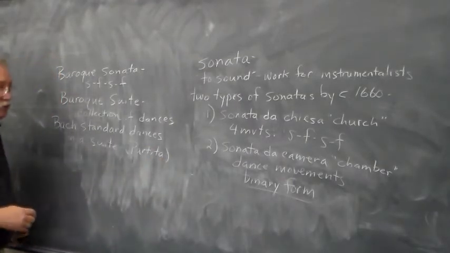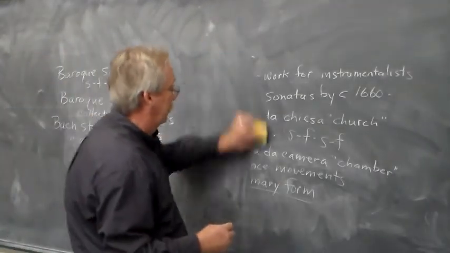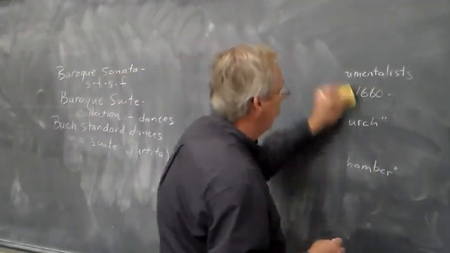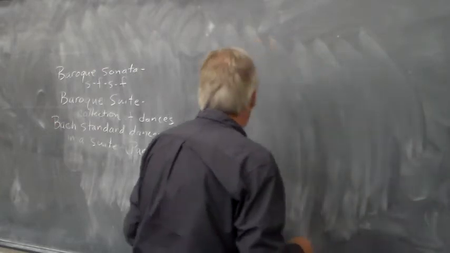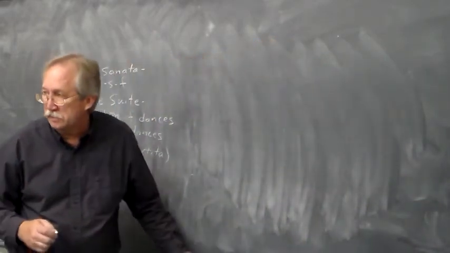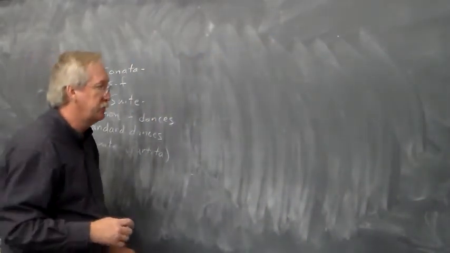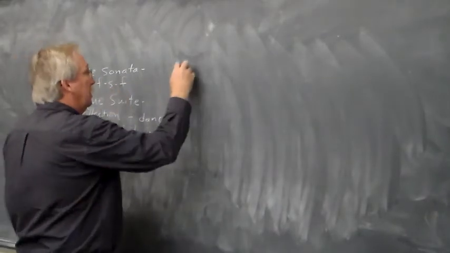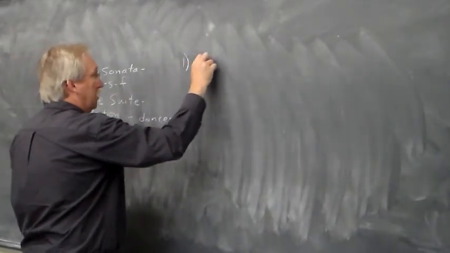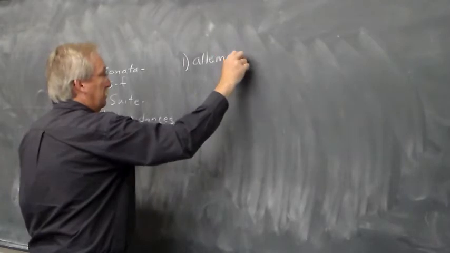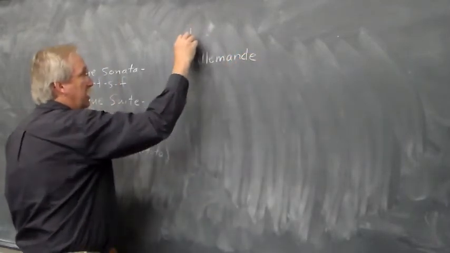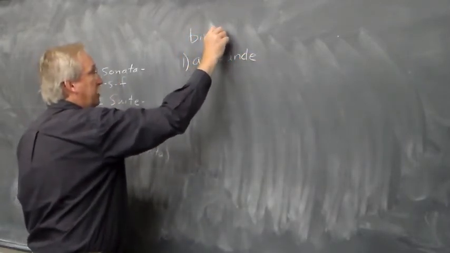And so the four standard dances all had characteristics that have to do with the tempo, with the meter, and then other rhythmic characteristics possibly. But you should know these, and I'll just write again, these are all in binary form.